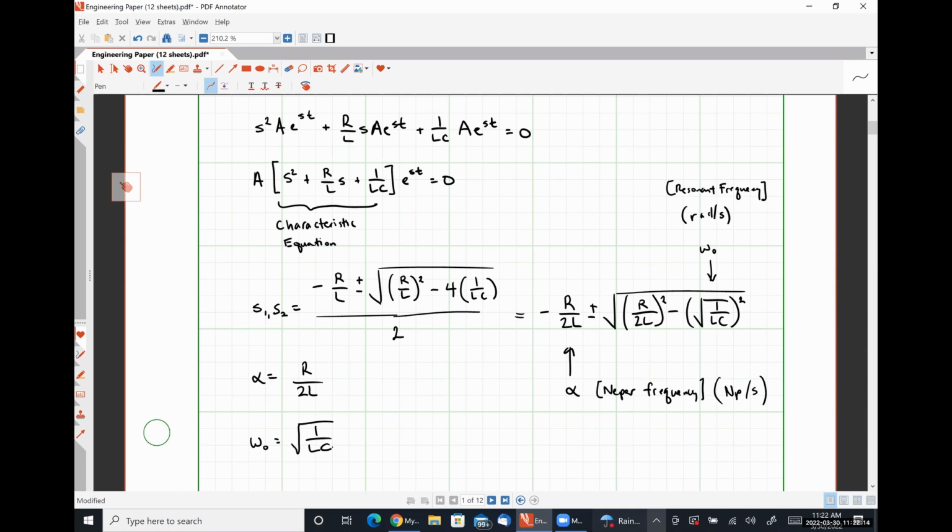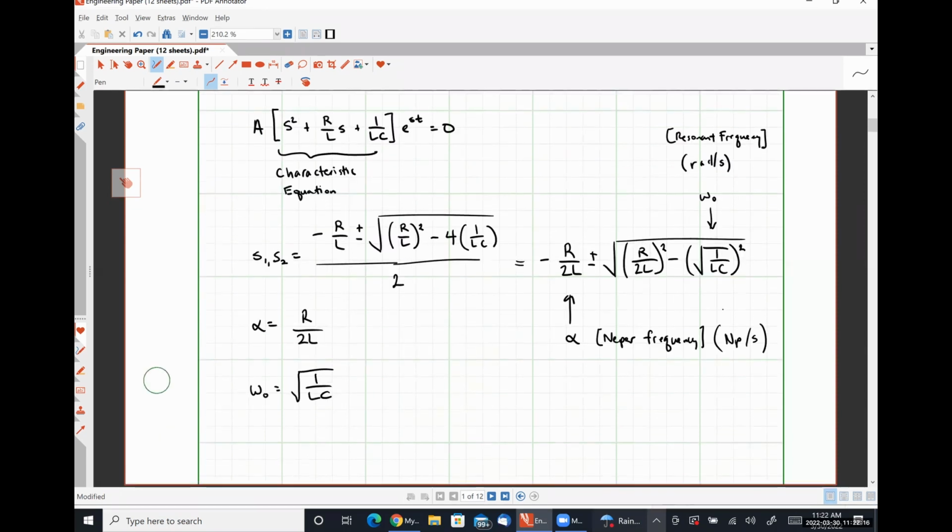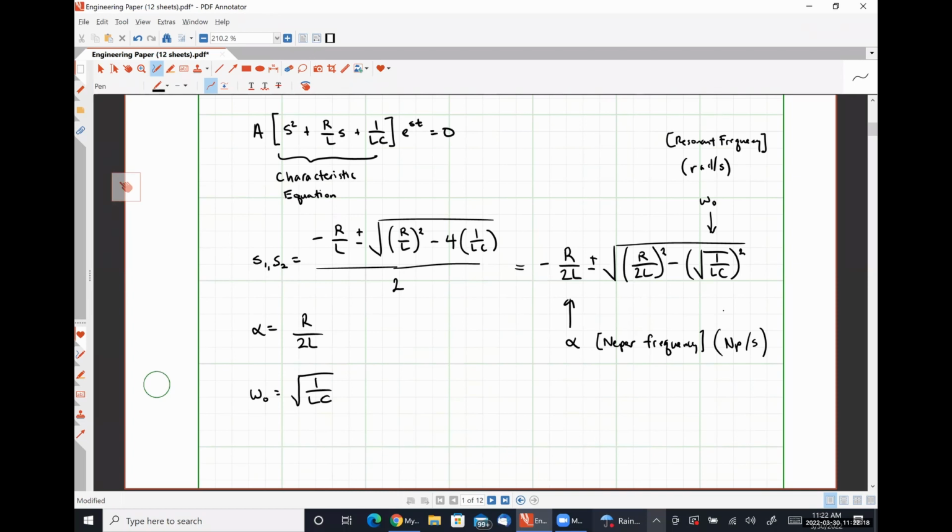Using the quantity alpha and omega naught, we can then express S1 as negative alpha plus the square root of alpha squared minus omega naught squared, and S2 as negative alpha minus the square root of alpha squared minus omega naught squared.